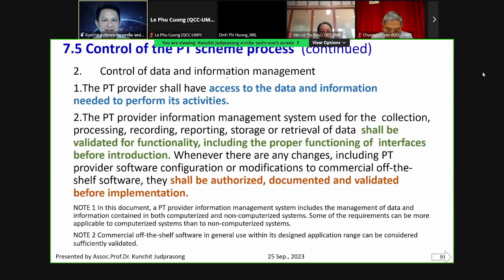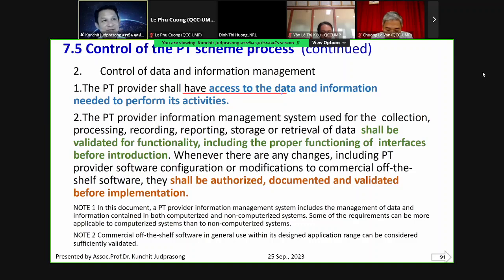Control of data information management. The PT provider shall have access to data and information needed to inform its activity. Who can access the data? You have to have a security code to come into your computer and into your file. So it depends on your policy.